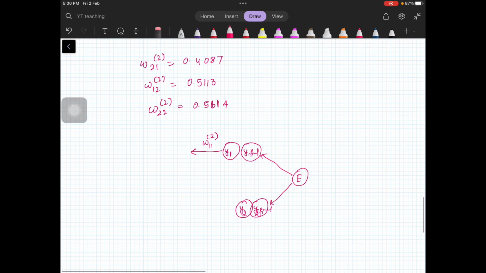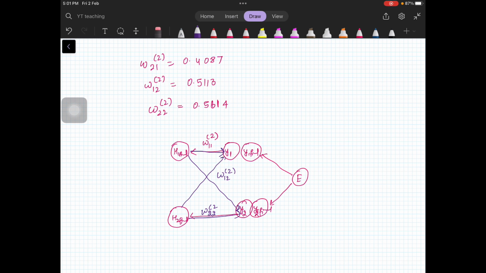Now here you have your h1 final, and here you have your H2 final, okay, fine. And here the weights are like I have drawn, the arrows are like this, okay. So here the weight is W222, and then from here to here you have weight W122, and from here to here you have weight W212.